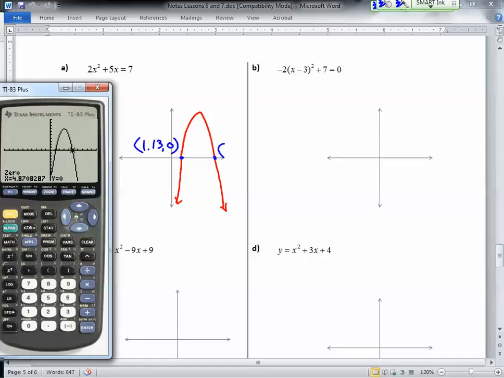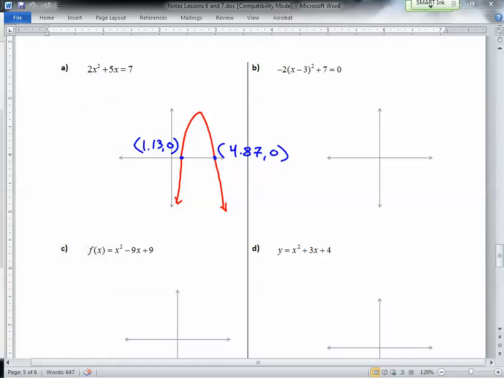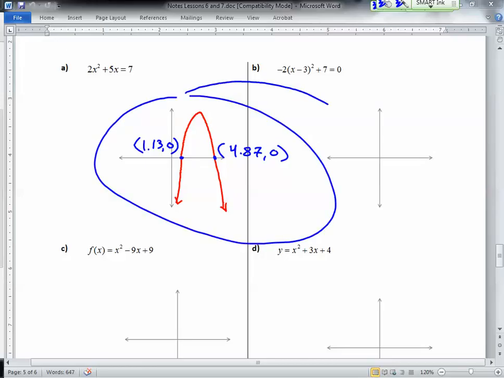My second one is at 4.87 comma 0. I have those labeled. Sam, what are the solutions to this quadratic equation? Oops, I drew my graph on the wrong one, didn't I? Oops. That should be right there.